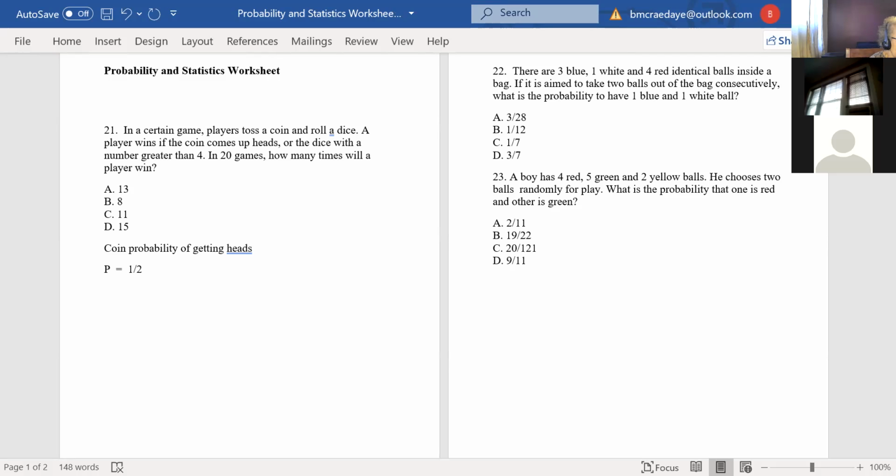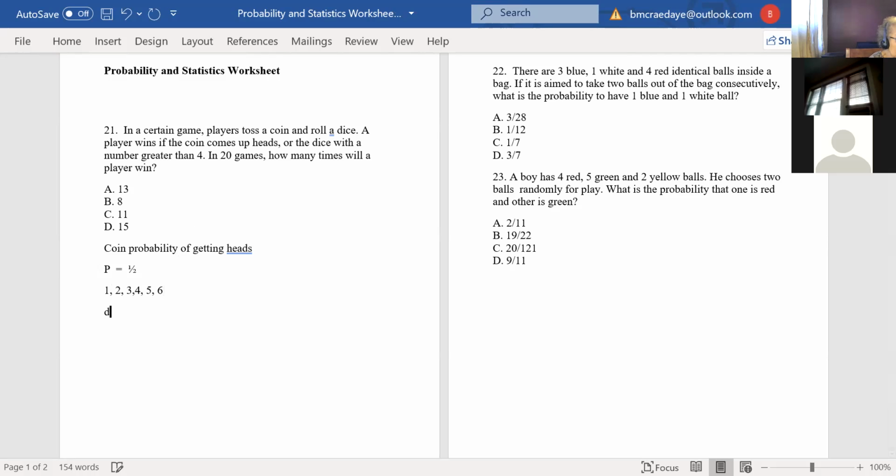Okay, that's the coin. Now on a die, you have a number greater than 4, right? So on a die, you have 1, 2, 3, 4, 5, 6. So how many numbers are greater than 4? 2. All right, so you have 2 out of 6.